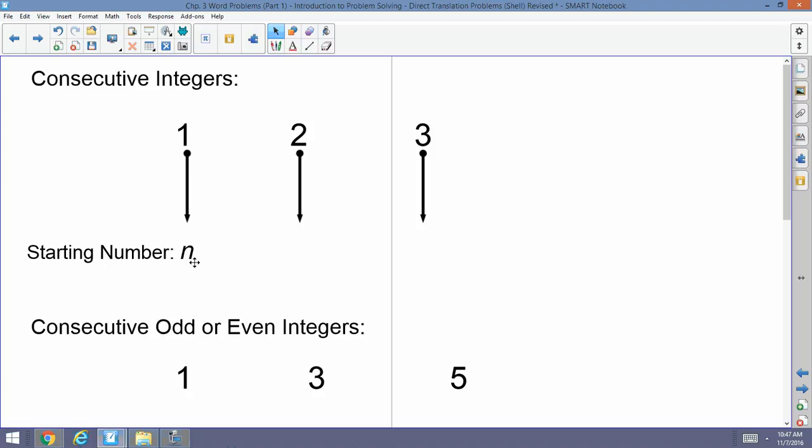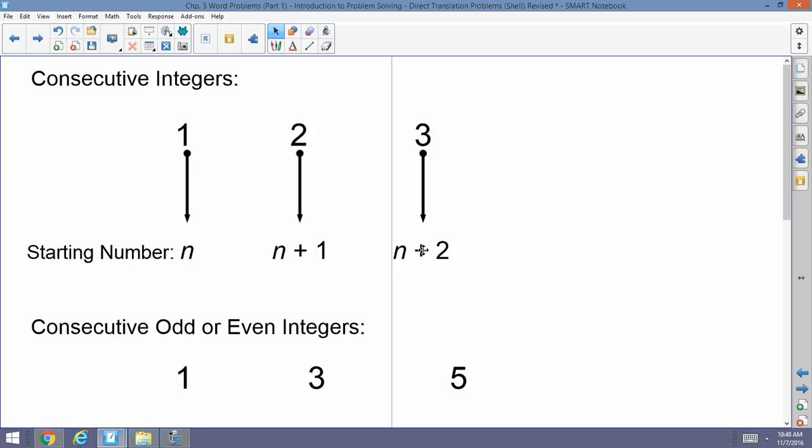So what do you think my next consecutive integer will be? n plus 1. How did I get from n to 3, my brothers? I added 2, so my third consecutive integer will be n plus 2. And that's the way that consecutive integers continually grow: n plus 1, n plus 2, n plus 3, n plus 4, n plus 5, n plus 6, depending on how many consecutive integers there are.